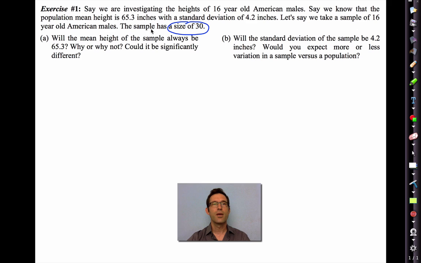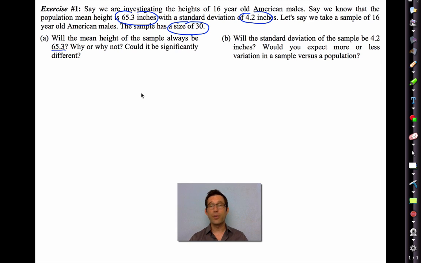Now, for some reason, we think we know that the population mean is this, and the population standard deviation is that. Letter A says, will the mean height of the sample always be 65.3? Why or why not? Could it be significantly different? Pause the video now and think about this a little bit. All right.